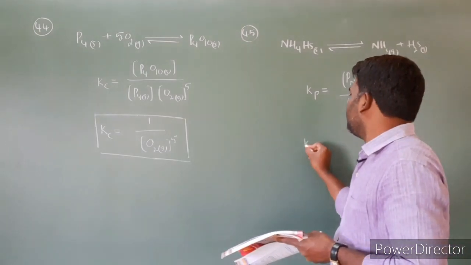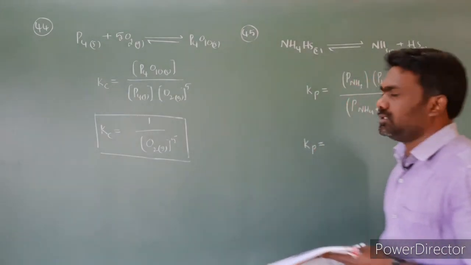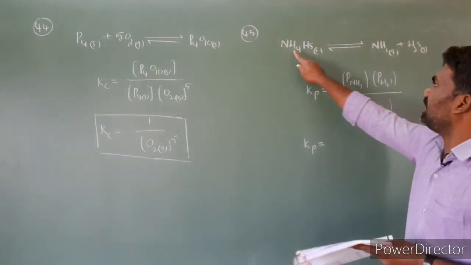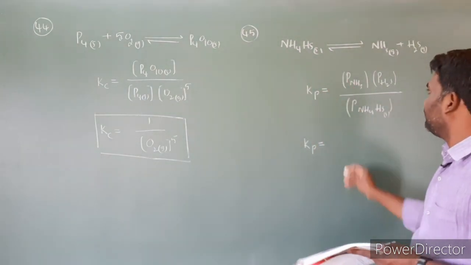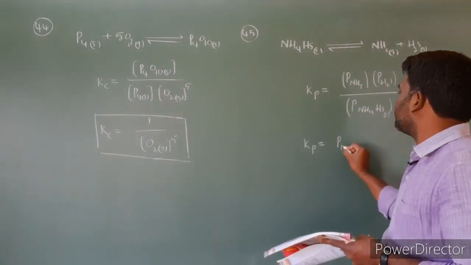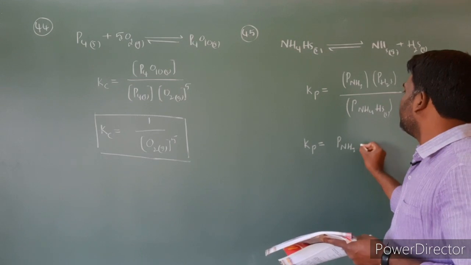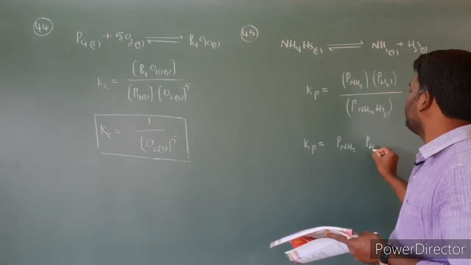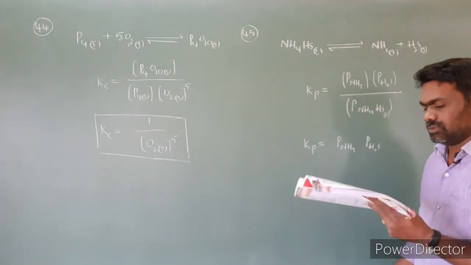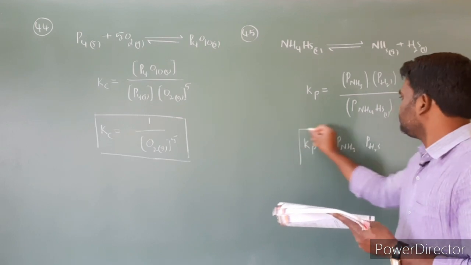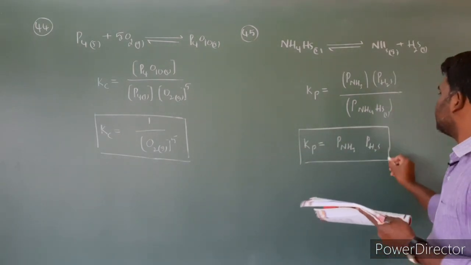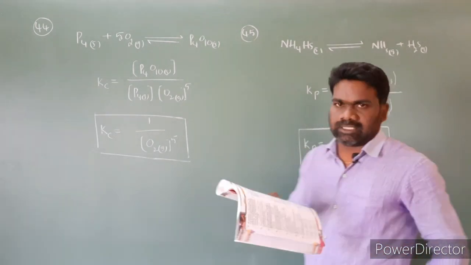Then Kp is equal to, we have to neglect NH4HS because it is a solid. Then the equation is partial pressure of NH3 into partial pressure of H2S. So this is the final equation.